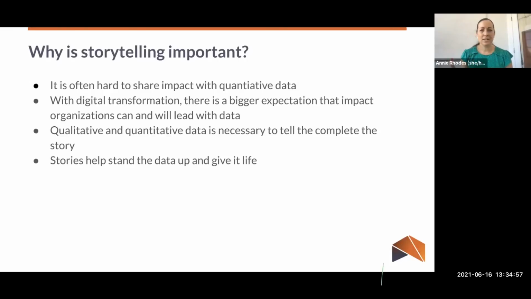And the storytelling is about the work that you're doing on a day-to-day basis. It's a simpler and easy way to share your impact if your data isn't there yet. Telling that story of a change in somebody's life or in a program or in a community, that gets the attention, and that's what people will remember.